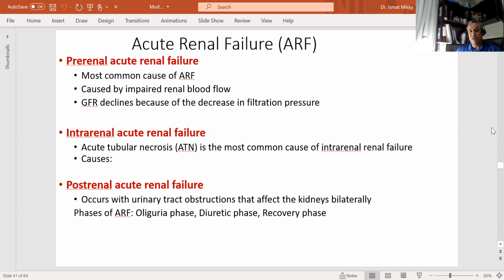Pre-renal indicates there is decreased perfusion. That's the most common cause of acute renal failure, usually caused by impaired renal perfusion or blood flow.